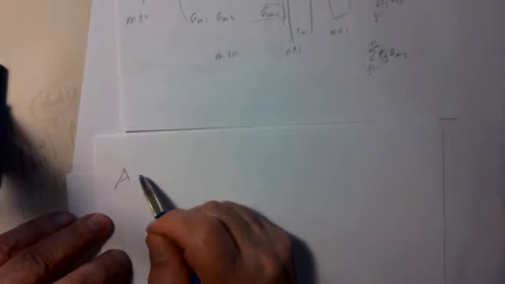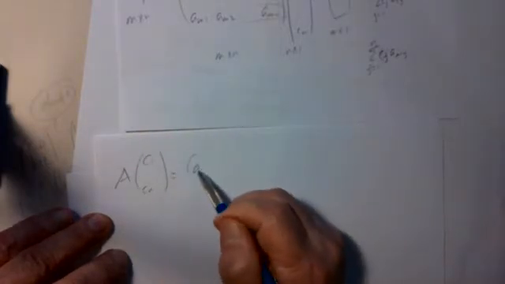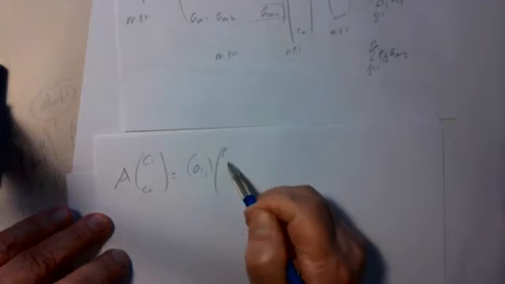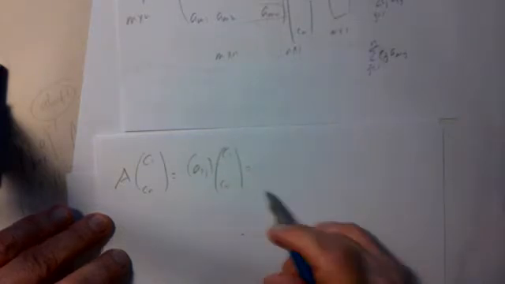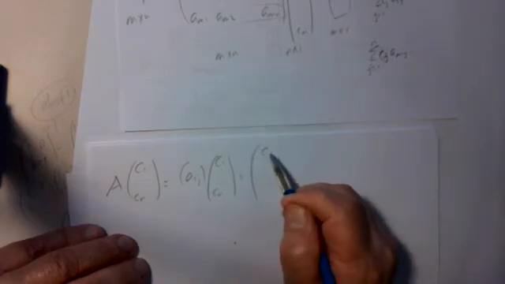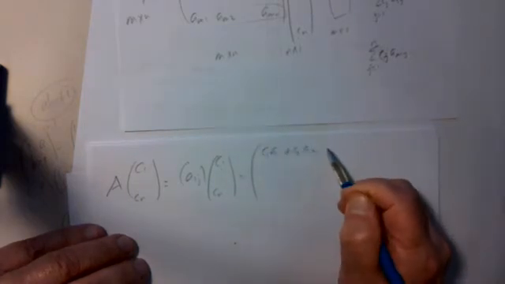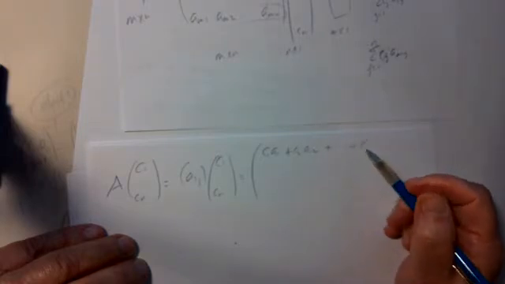So if you look at what this is, you have A times this column vector, C1 up to Cn. So that's this matrix Aij times the column vector. You get a vector where the first coordinate is C1 A11 plus C2 A12 up to Cn A1n.